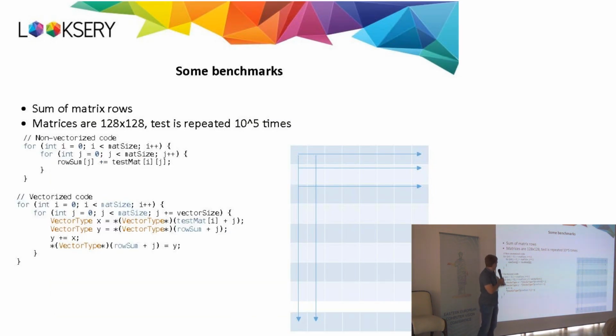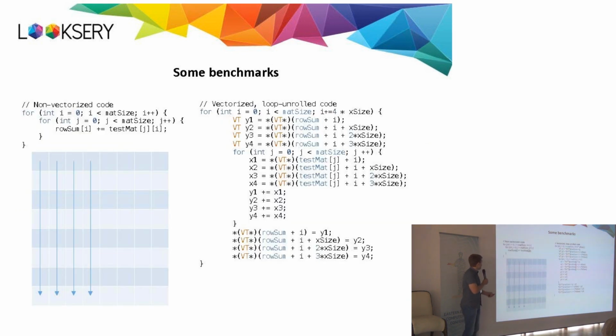It's that store which happens here. So what we can do is change the order in which we take the sum: pass the columns and save it to a value, pass the next column, save it to another value. So here's the unvectorized code for that, and the vectorized code.